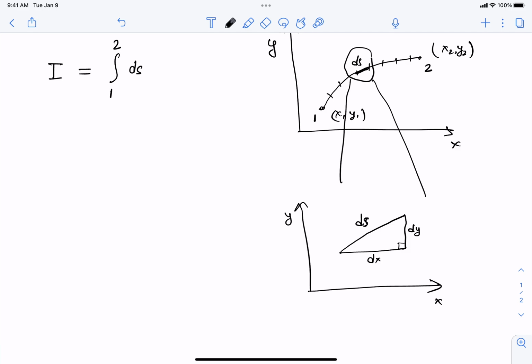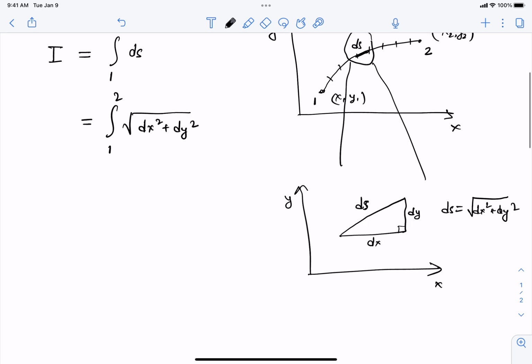In this limit, ds is simply the square root of dx squared plus dy squared. That is through Pythagoras theorem. So we can write this integral as the integral from 1 to 2 of the square root of dx squared plus dy squared.